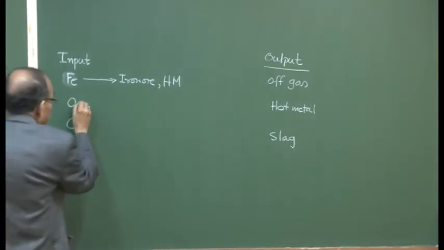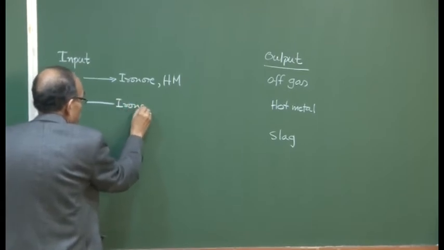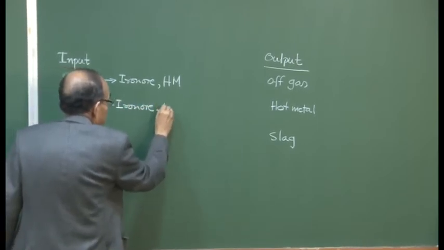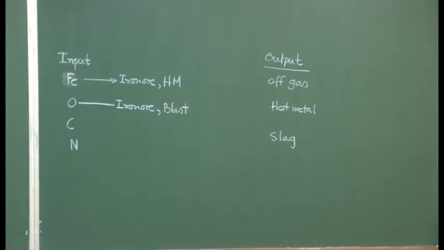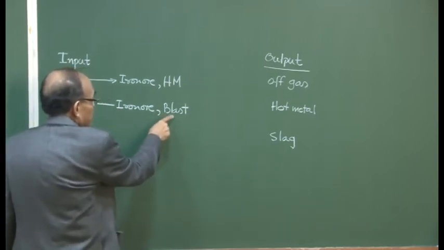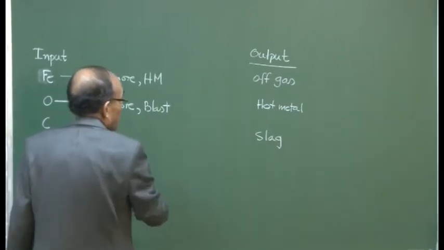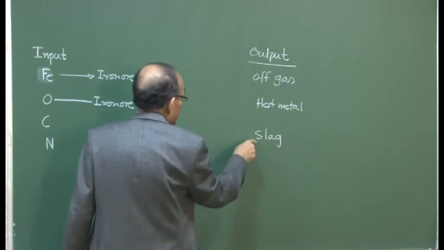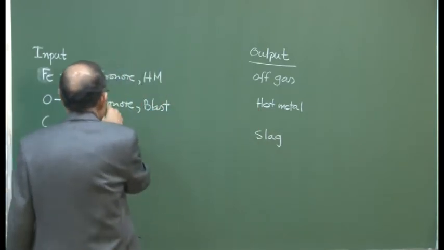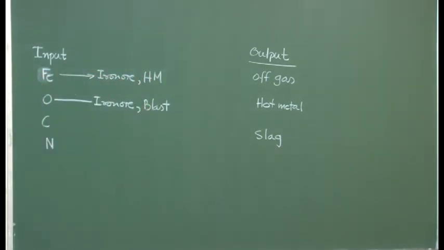Oxygen, on the other hand, is there in iron ore, and oxygen is there in the blast. And that oxygen is going to manifest. Under the pure consideration, it cannot go to the hot metal, it is not there in the slag. So, that oxygen manifests entirely in the off gas itself.